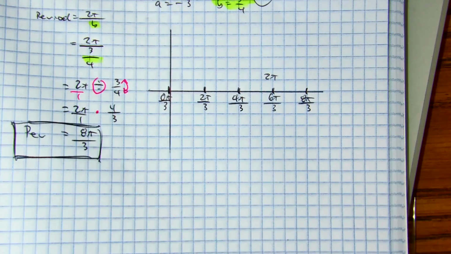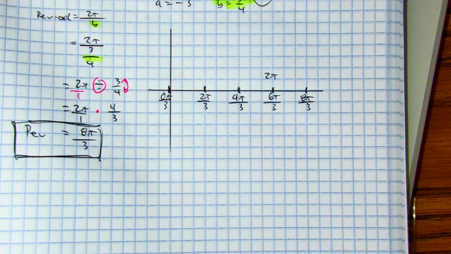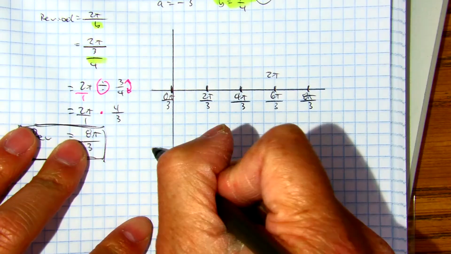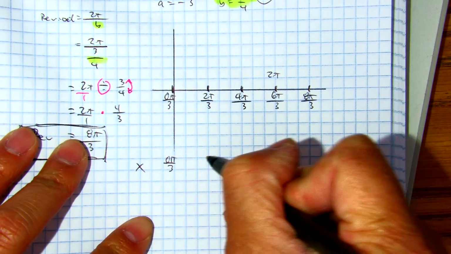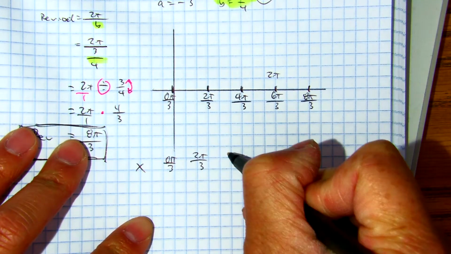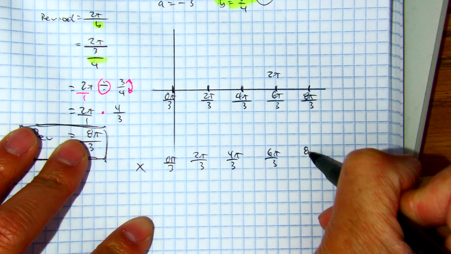Raise your hand if you got those x values. Alright, so these are my 5 x values. 0 pi over 3, 2 pi over 3, 4 pi over 3, 6 pi over 3, and 8 pi over 3.